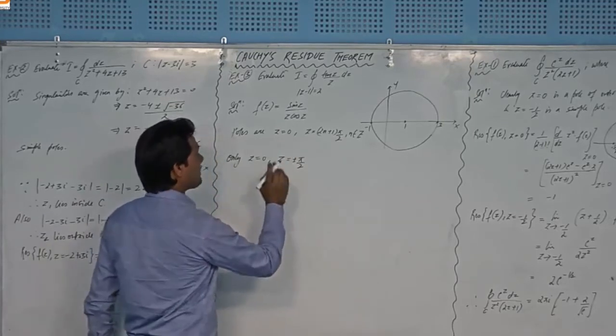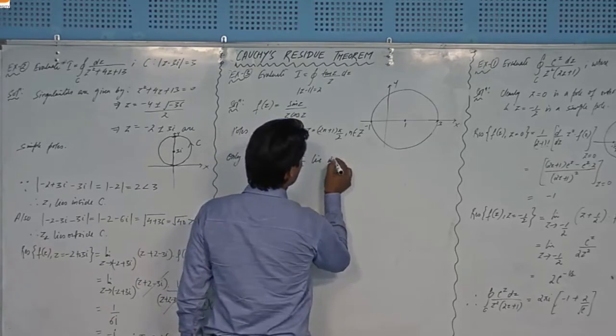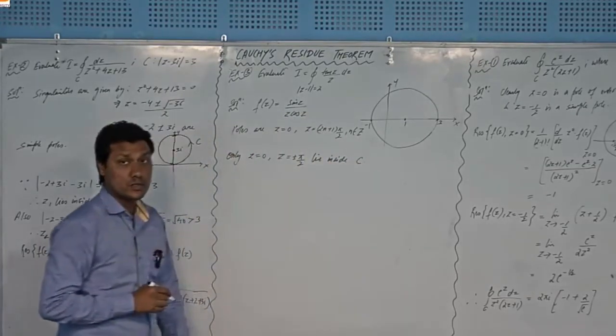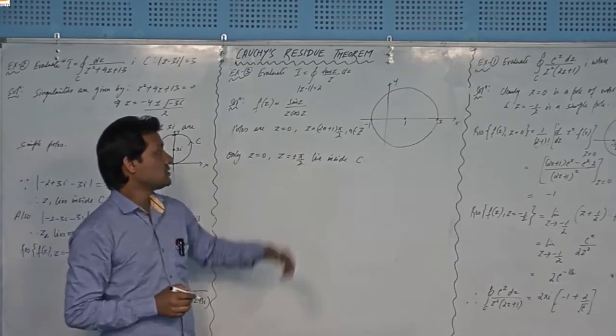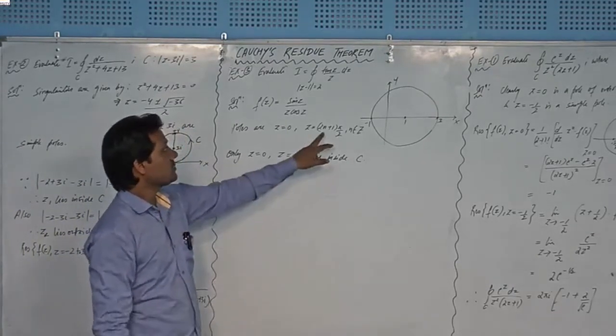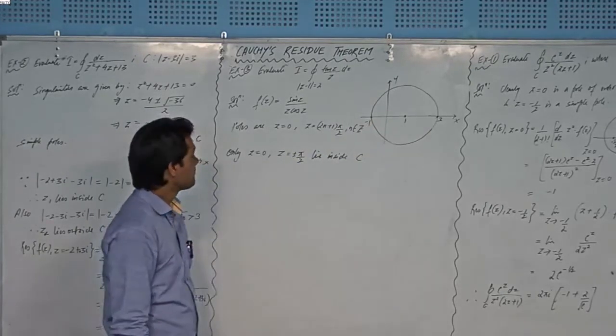Yeah, only plus minus pi by 2 will lie inside C, because the value of pi is 3.14, and if you divide that by 2, you will get 1 point something within your circle, right? And the other values like 3 pi by 2 will lie outside the circle, right?